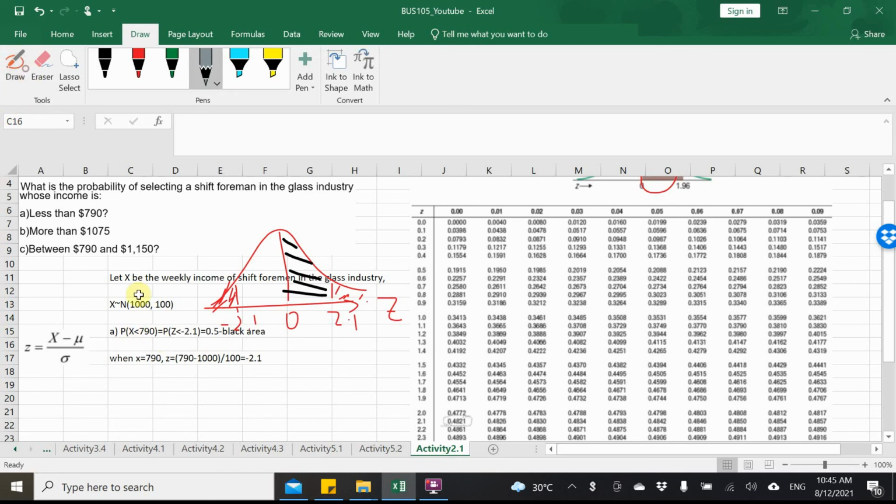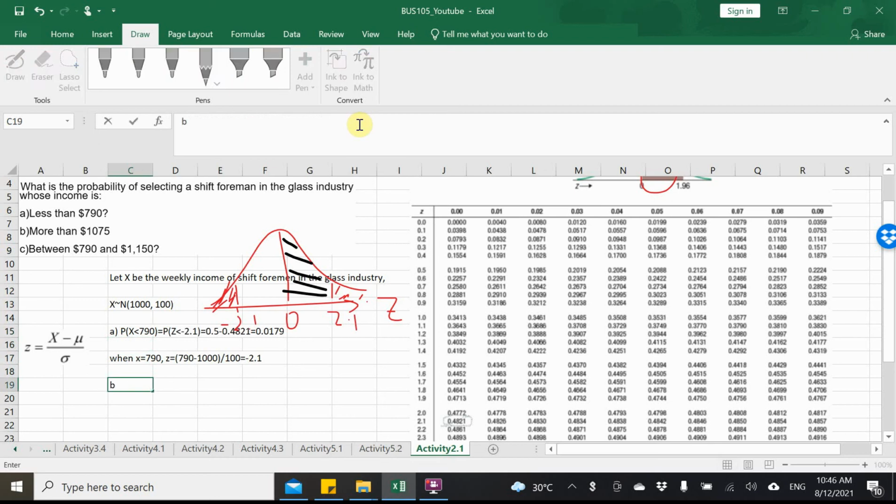So we can write this 0.4821 in our workings here. After doing the calculation, you will get the answer 0.0179. So that answers our part A.